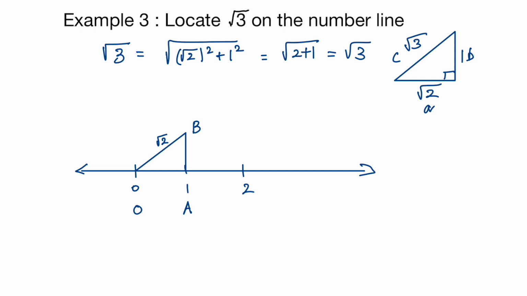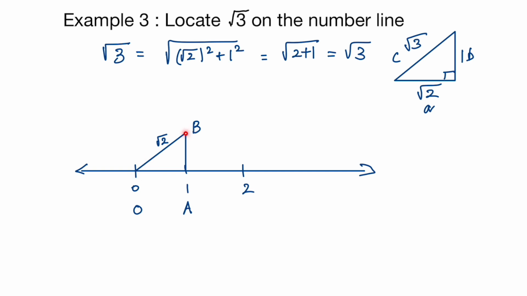Okay, now we have this side, and that is going to be our side. What you're going to do is use this as one side and construct another side perpendicular to it. Now this line should be perpendicular to this line because Pythagoras theorem only applies for a right angle triangle.